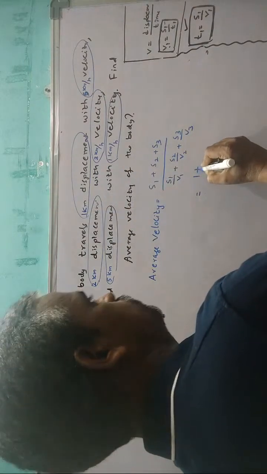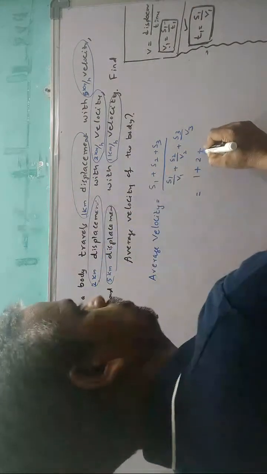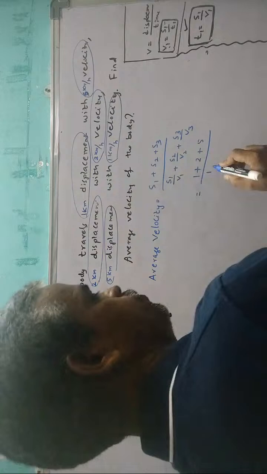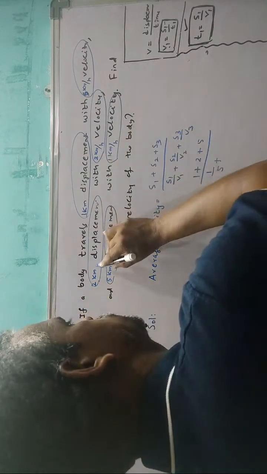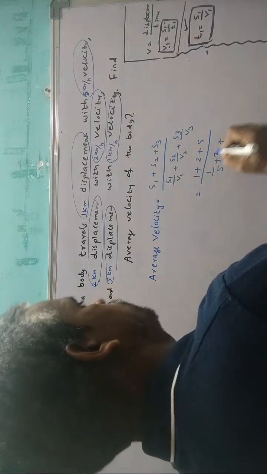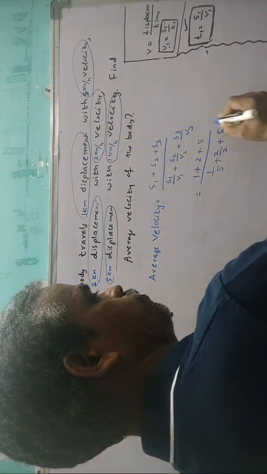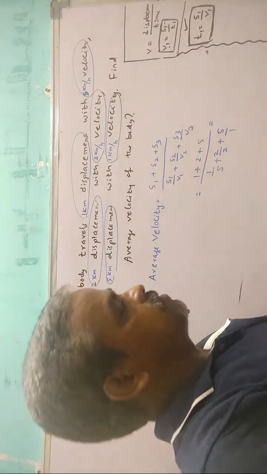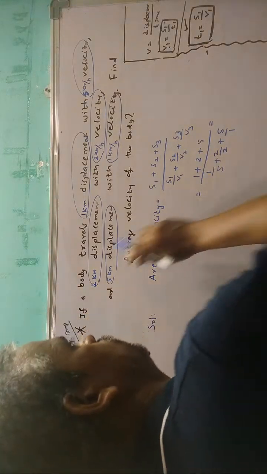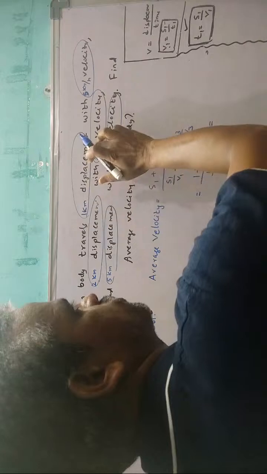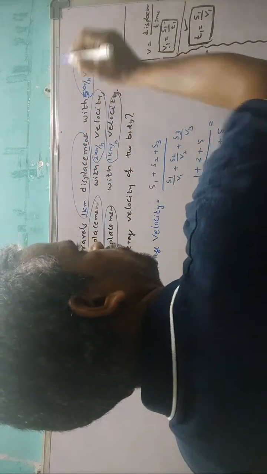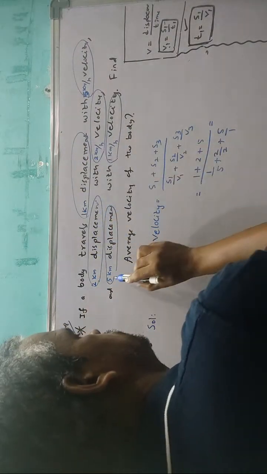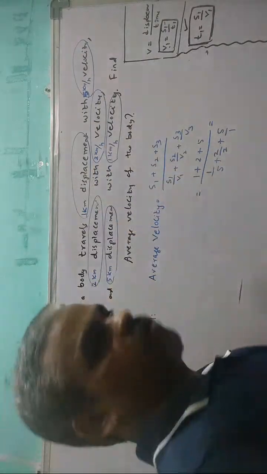1 plus 2 plus 5, by 1 by 5 plus 2 by 2 plus 5 by 1. See what I did here? Simple. If a body travels 1 kilometer displacement with 5 kilometer per hour velocity, then covers 2 kilometer displacement with 2 kilometer per hour velocity, and 5 kilometer displacement with 1 kilometer per hour velocity.